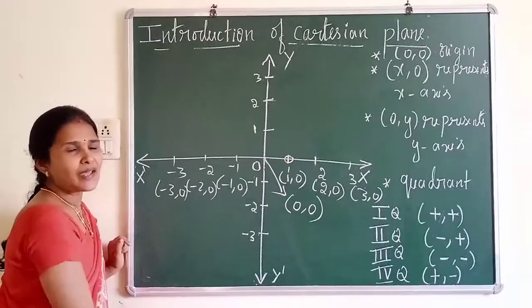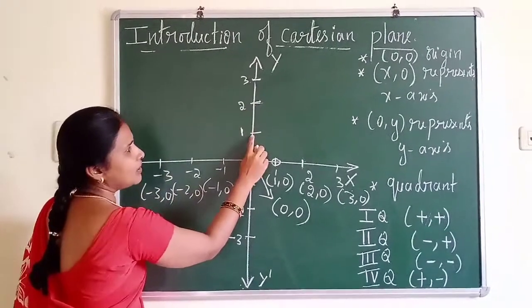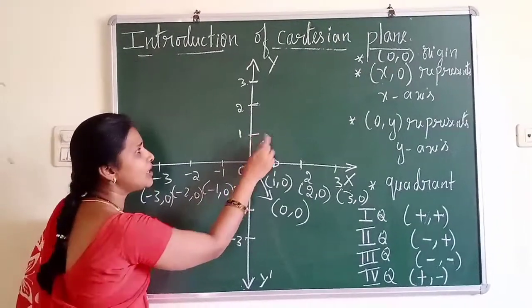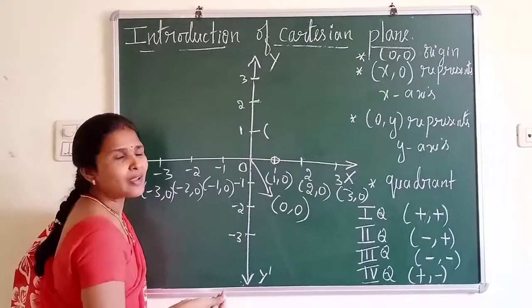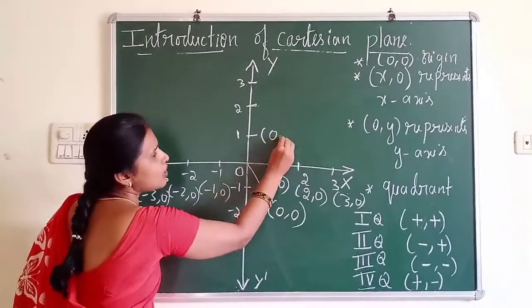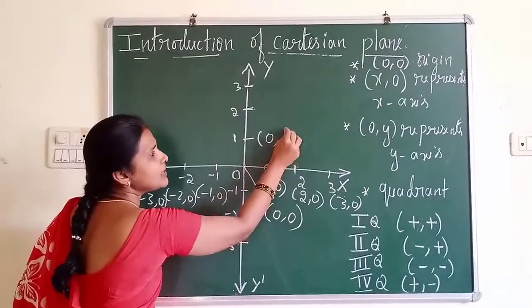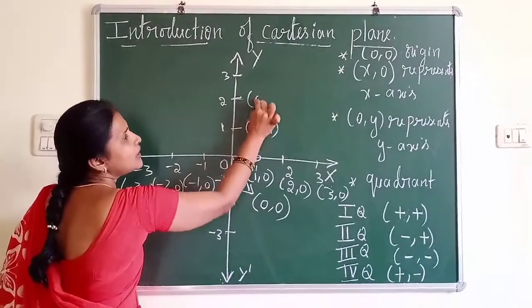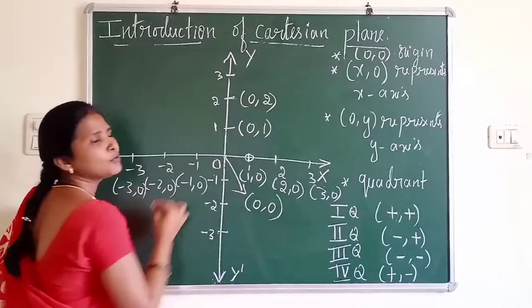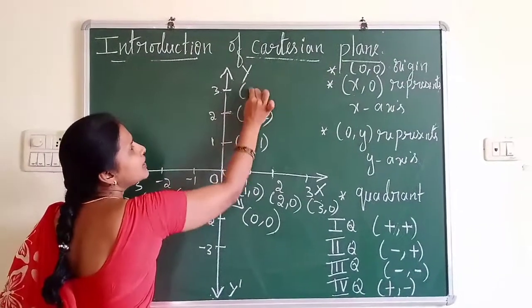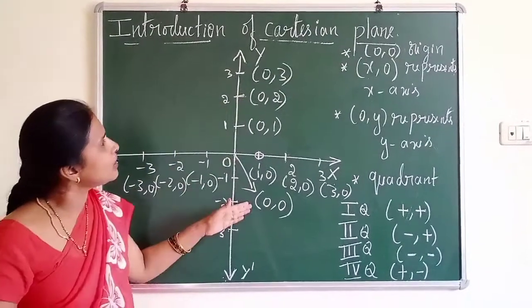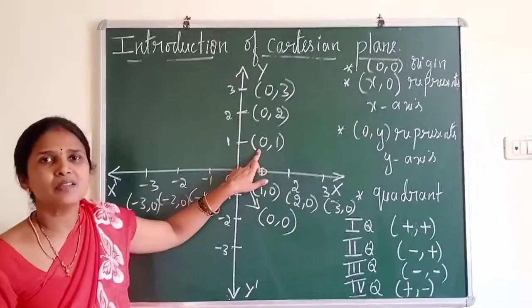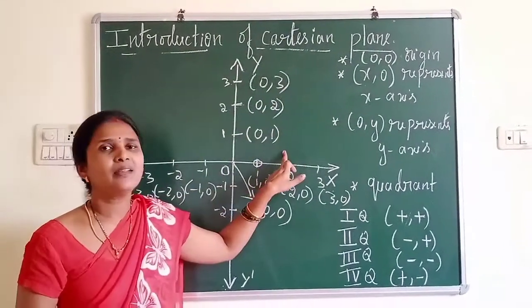Now, what about the y-axis? On the y-axis, 1. How will you write 1 in the form of an ordered pair? This 1 is on the y-axis, so there is no value of x coordinate. Therefore, the x coordinate is 0, the y coordinate is 1. And here the x coordinate is 0, the y coordinate is 2. Similarly, here the x coordinate is 0 and the y coordinate is 3. So when you observe here, the x coordinate remains 0 and the y coordinate changes.